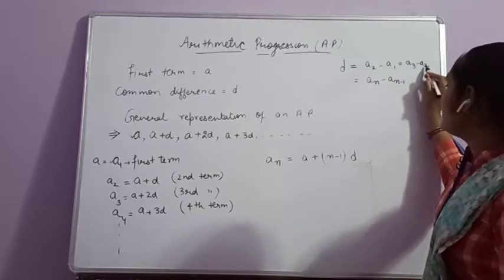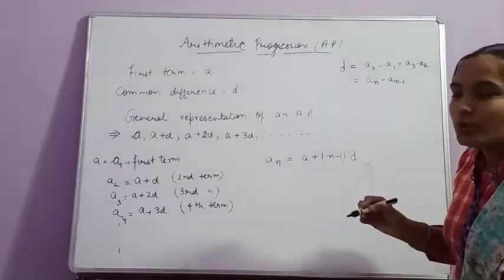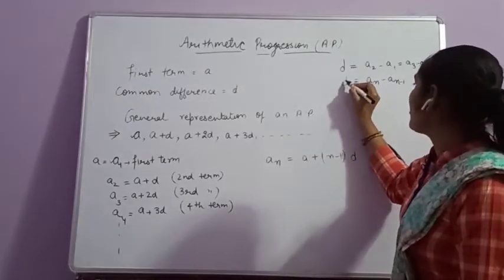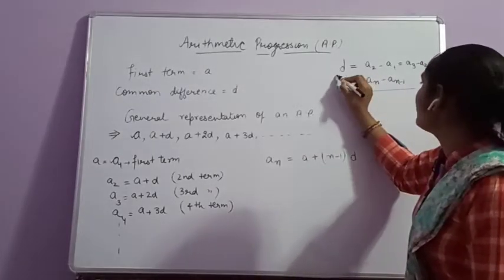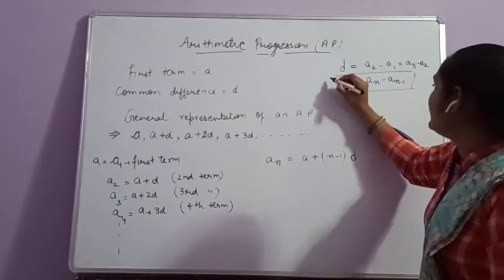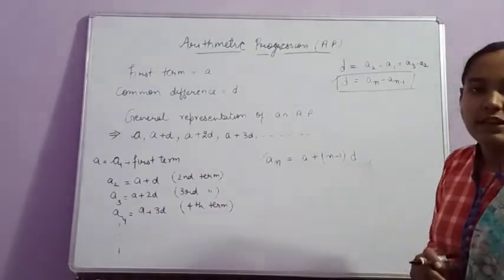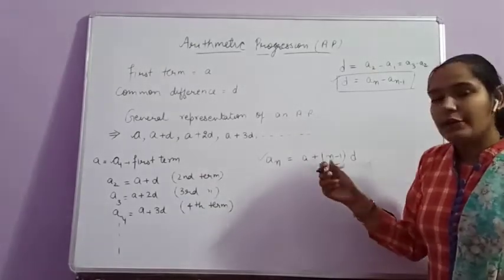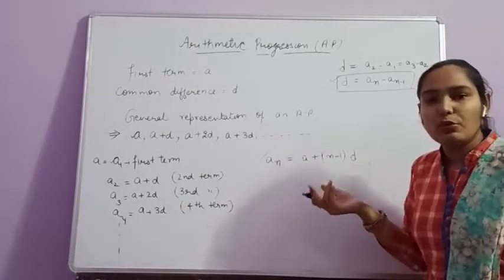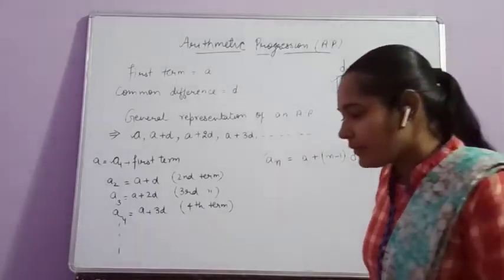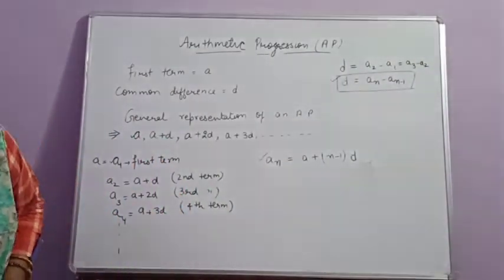Similarly, 3 and 3 minus 1 is equal to 2. That is the general formula to find out the value of d. That is the formula for nth term of an AP. n may be 1, 2, 3, 4, 5, 6, 7 up to n. Clear? Now we can take some examples related to it.